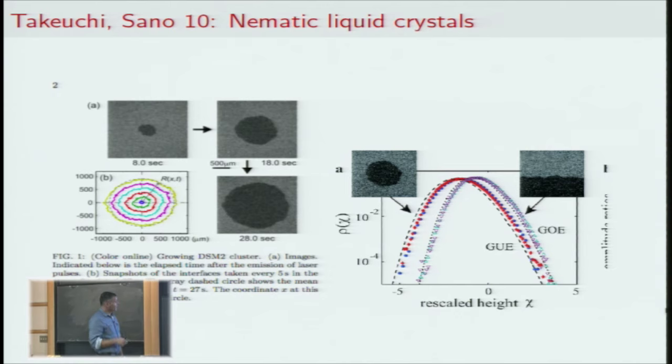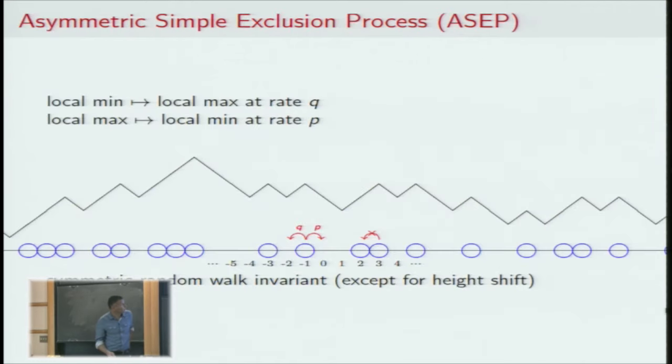It looks very much like the Eden model. And then he can actually check to see that this is the GUE distribution asymptotically with the t to the 1/3. And here's the flat case. You just start the thing with a laser being fired through a prism so that it starts a line, and then the thing grows, and you get actually the GOE distribution. So this has actually been confirmed.